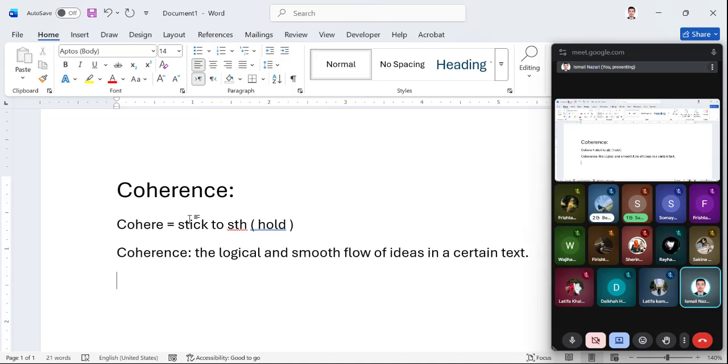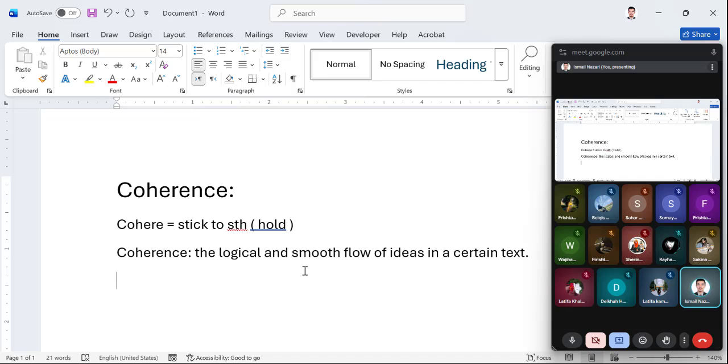We have to explain the ideas that we want to provide in a text, so they should be step by step. It should not go the way that we jump from one idea to the next idea without any specific connection, or without any specific flow of idea. So that logical connection, the overall and logical point that we explain inside a text or inside our writing, that's simply what we have as coherence.